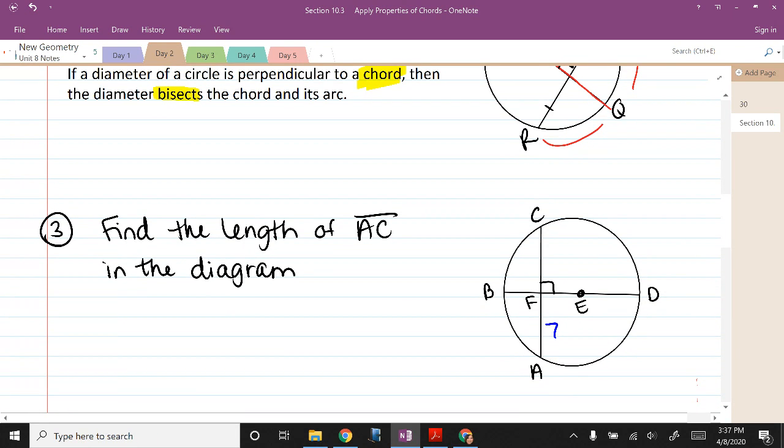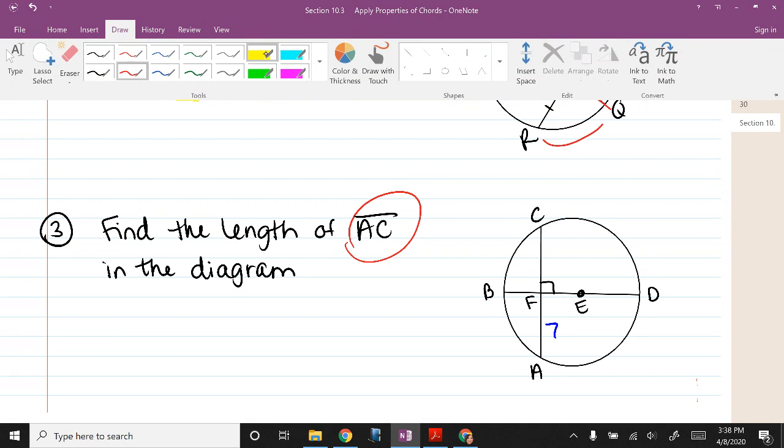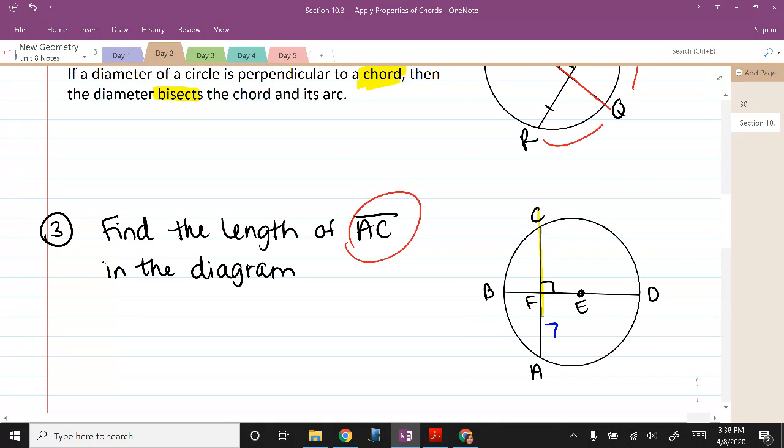So it says find the length of AC. Well, AC right here is, get my highlighter, a chord. All right. But it's being bisected. It's perpendicular to segment BD, which is going through the center, which is a diameter.